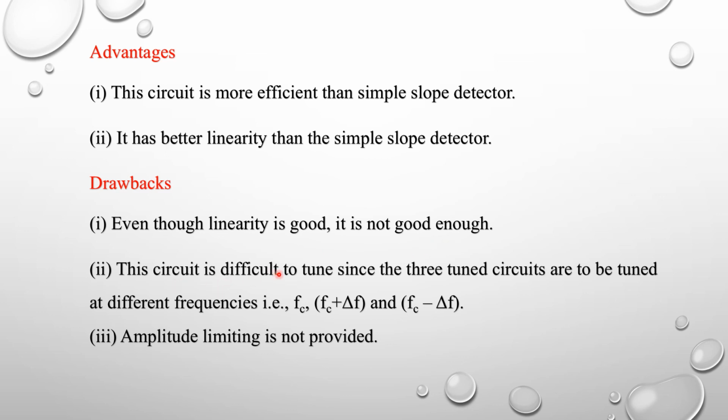This circuit is difficult to tune since the three tuned circuits are to be tuned at different frequencies. The first frequency is carrier frequency Fc, and the other frequencies are Fc plus delta F and Fc minus delta F. And amplitude limiting is not provided in the balanced FM slope detector.